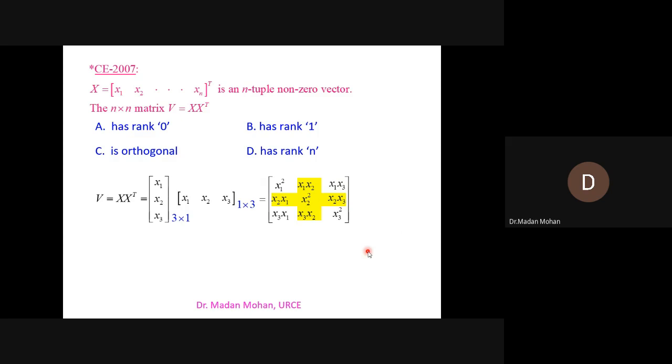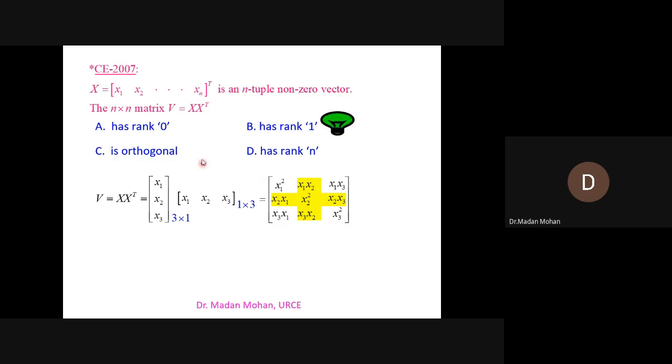second order minors vanish. When all second order minors vanish, automatically the third order minor vanishes, because we express the third order minor in terms of second order minors. We are left with first order, so rank is 1.